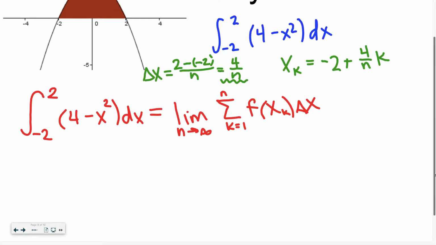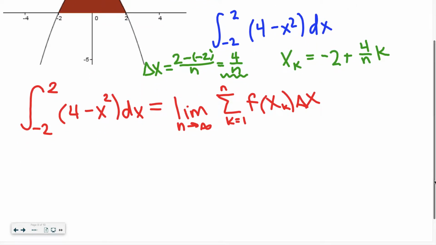Okay, so now f of x sub k. We know that this is x sub k right here, and we know that our function is 4 minus x squared. So when we're looking at f of x sub k, we're talking about plugging x sub k in for our function. Well, our function is 4 minus x squared.